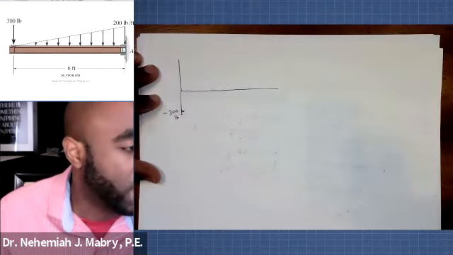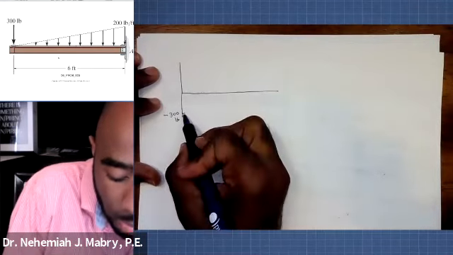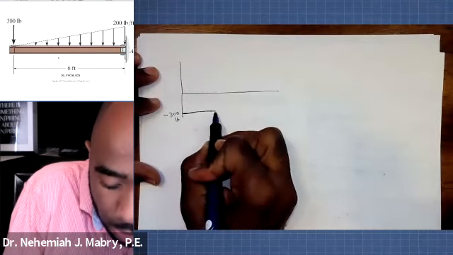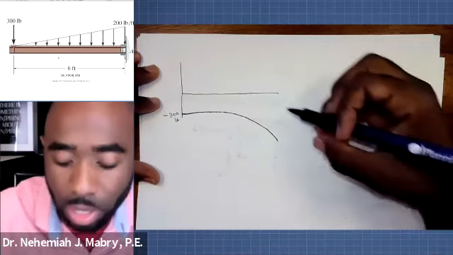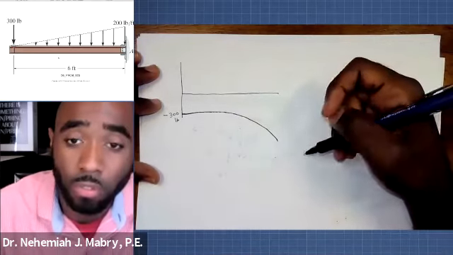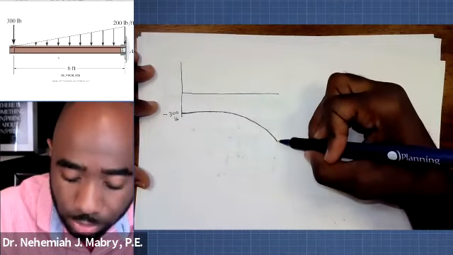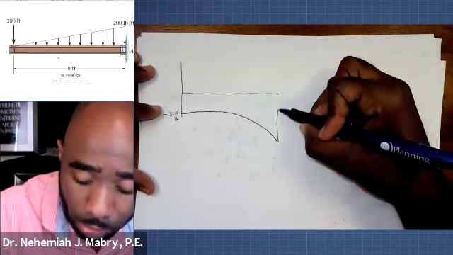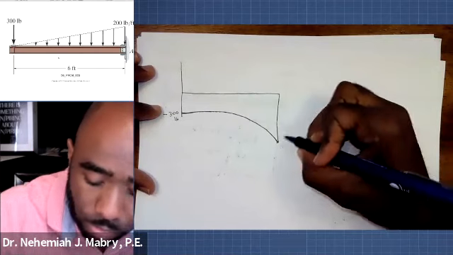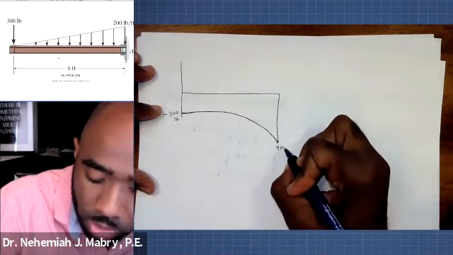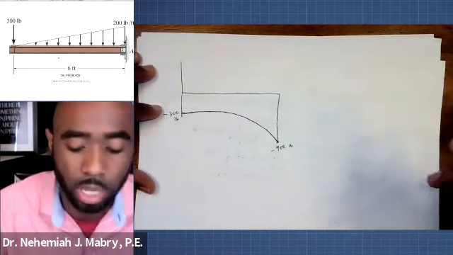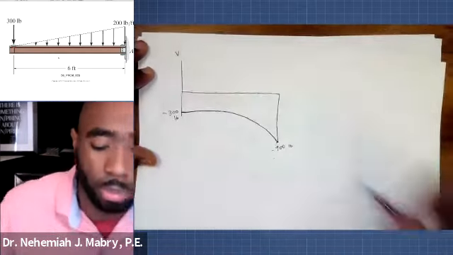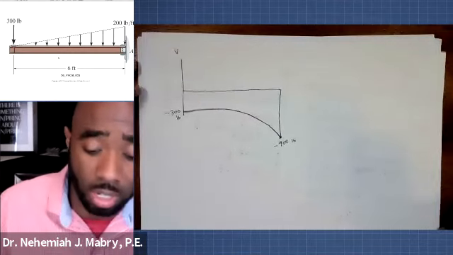Then it continues to go downward at a linear rate. So what that means is it starts off with not as much of a slope, but it increases as it goes down. And then we know from when we solved for RA that this here should bring it back to 0. Why? Because RA was equal to a positive 900 pounds, and that positive 900 pounds will bring us back up here. So fairly simple. That is the diagram for our shear.